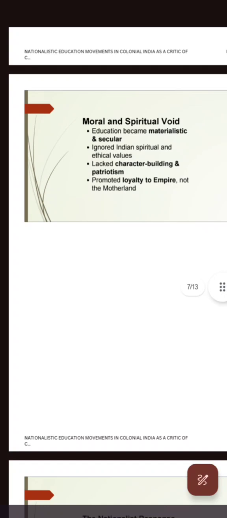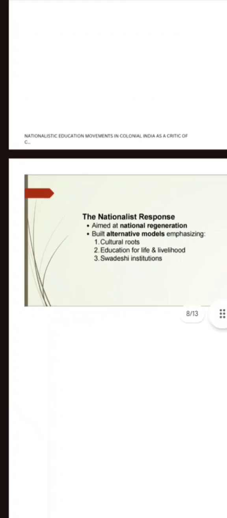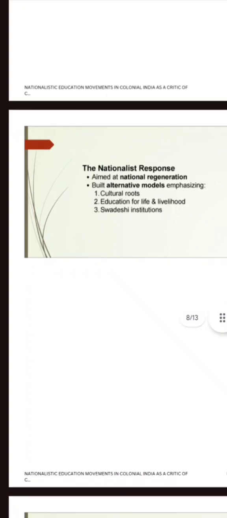Leaders felt that the British system weakened Indian moral strength. It was materialistic and devoid of spiritual depth. Education should have built character and national pride, but colonial education promoted imitation of Western ways and dependence on foreign ideas.